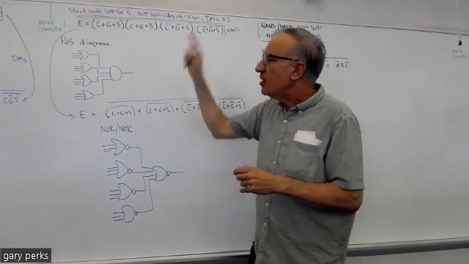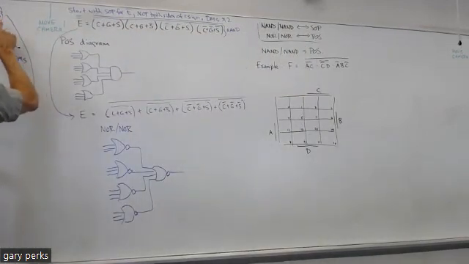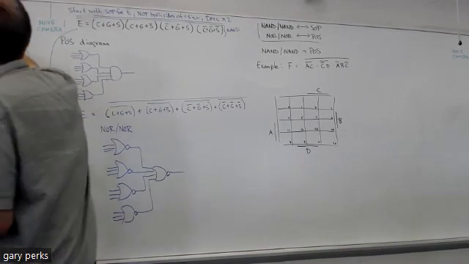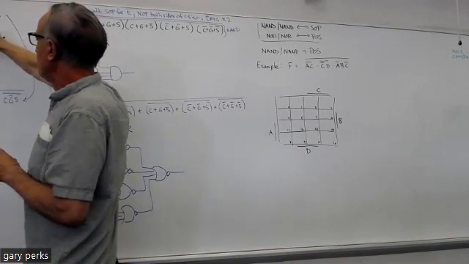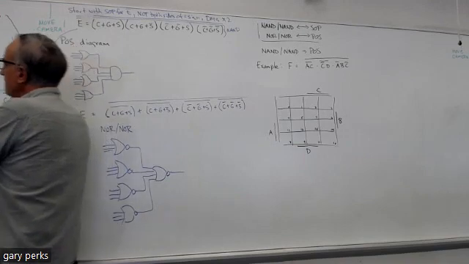Also, if we go back to what we started with, I'm going to erase this since we're done with it. We started with this SOP equation, and we ended up with the NAND NAND.